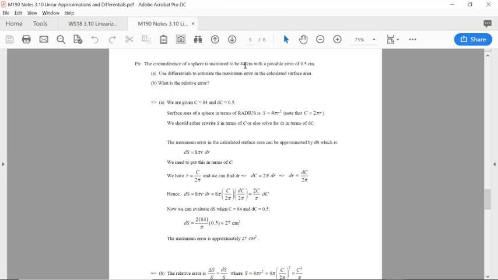If we use the 84 centimeters to evaluate a quantity, in this case we're going to evaluate surface area. If we were to use the circumference of 84 exactly to calculate the surface area, a question would be, how large of an error might we actually have to deal with if it turned out that the actual circumference was 84.5 or 83.5 or 84.1 or 83.92, right, or anything between 83.5 and 84.5?